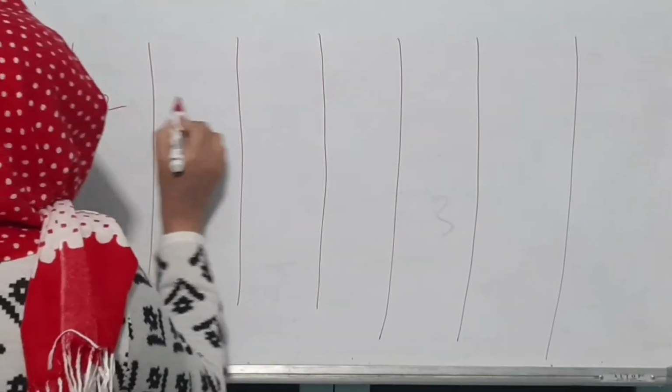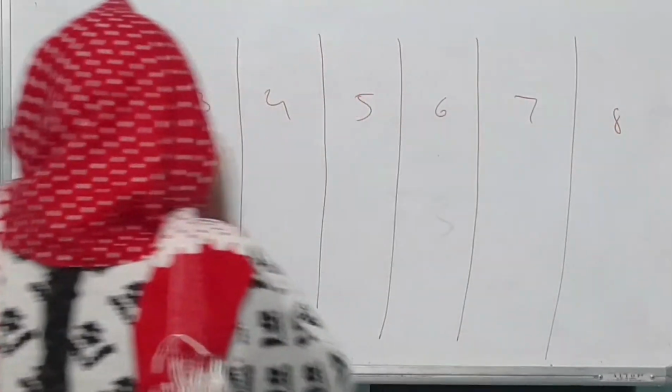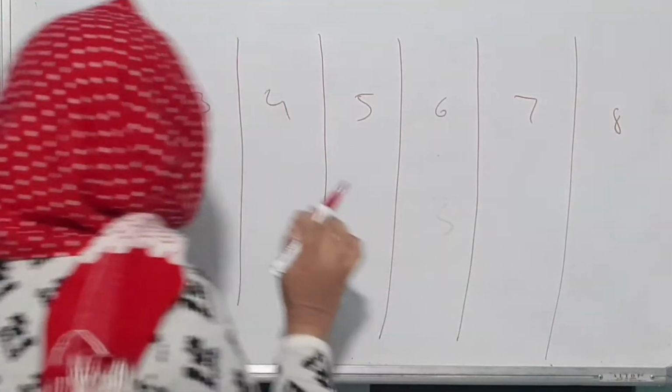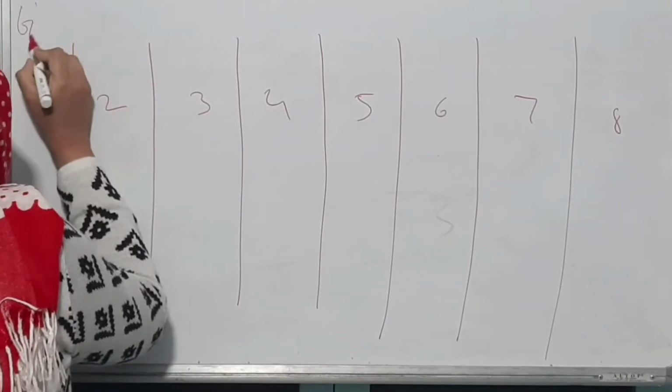So 1, 2, 3, 4, 5, 6, 7, 8. There are 8 vertical columns, and these vertical columns are called groups.